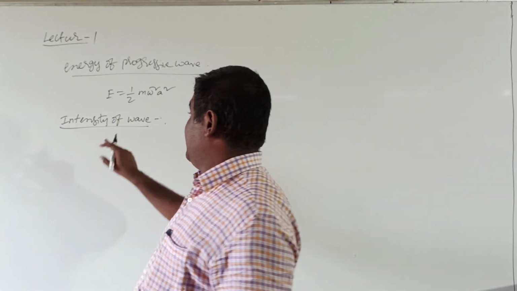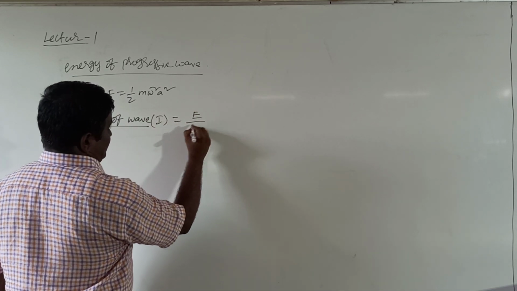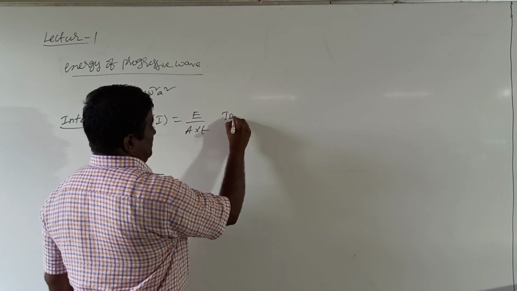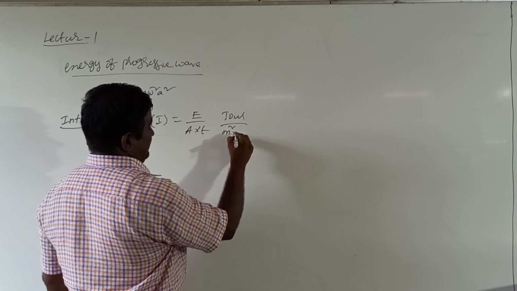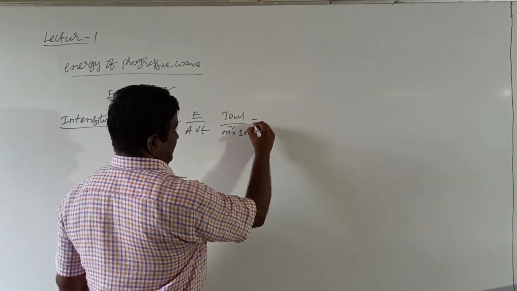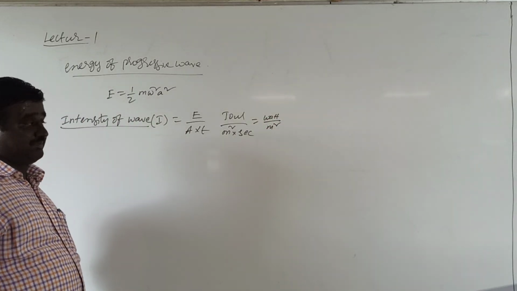So I equals energy divided by area into time. Energy has unit joule, area is meter square, time is second, and joule per second is called watt. Then the SI unit of intensity of a wave is watt per meter square.